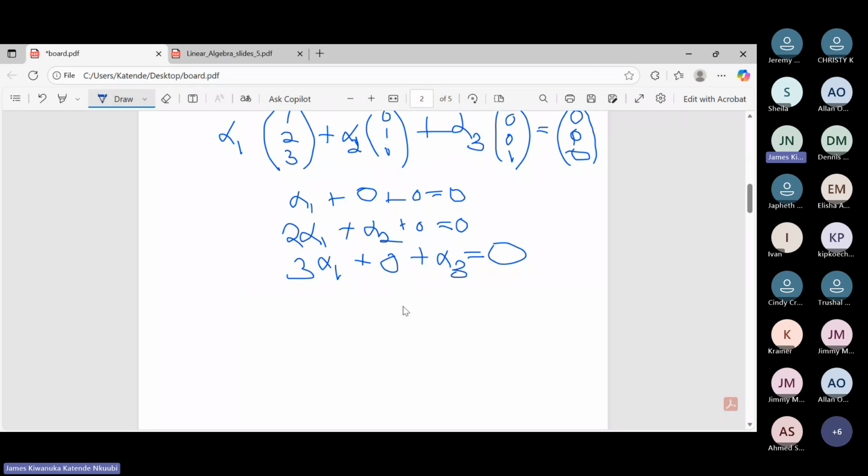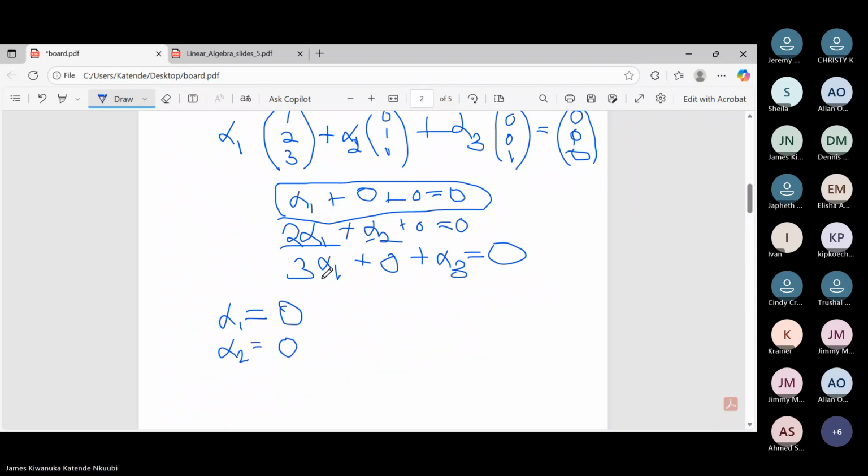So let's check. We have an easy place to start from. This first one simply gives us alpha 1 is equal to 0. Now that we know alpha 1, we can substitute it in the second equation to give us alpha 2 equal to 0. Because if alpha 1 is 0, the only way you can get 0 on this side is if alpha 2 is equal to 0.